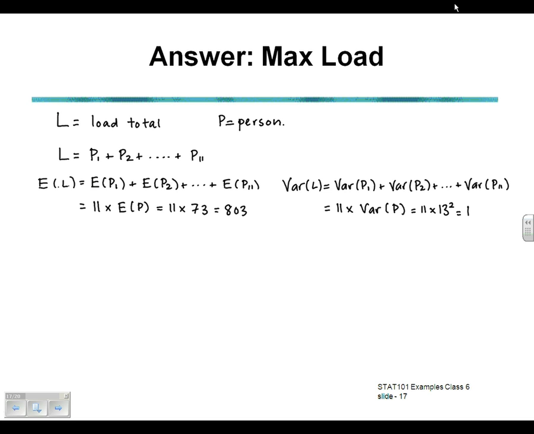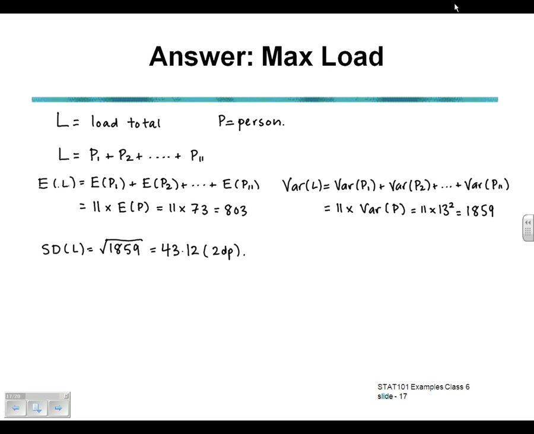So 11 times 13 squared comes out at 1859. To find the standard deviation for the load, we need to take the square root of the variance, the square root of 1859, and that comes out at 43.12 to 2 decimal places.